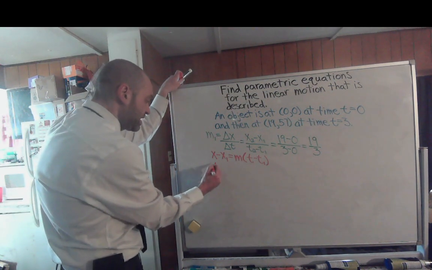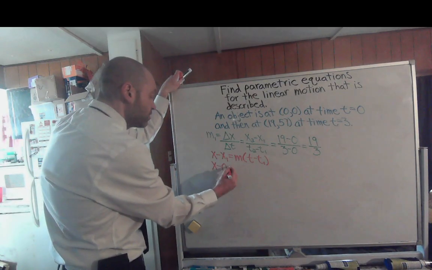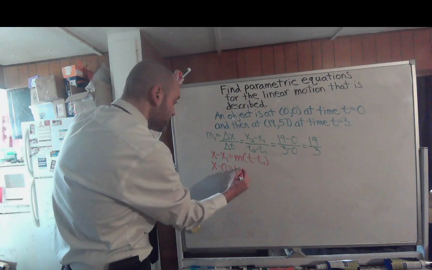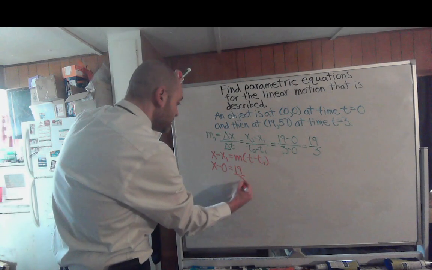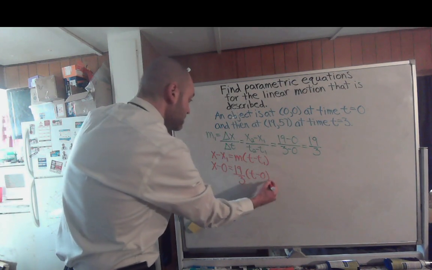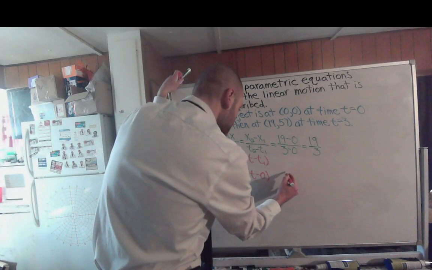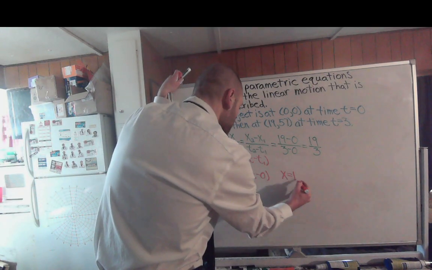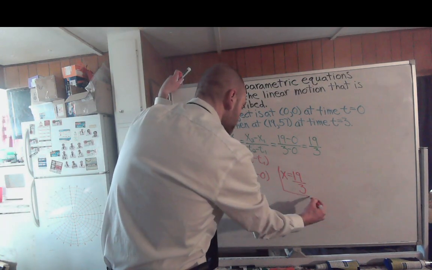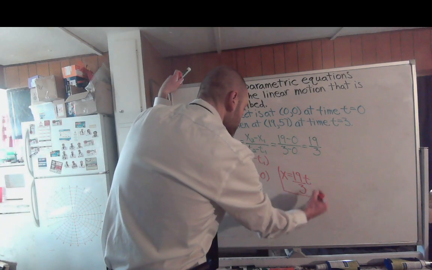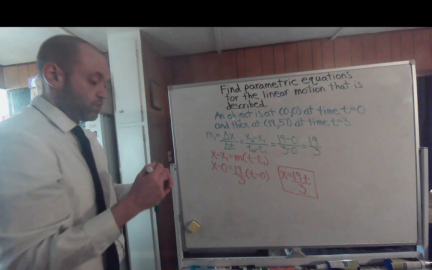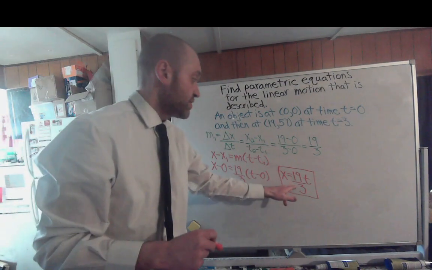This is x minus 0 equals your slope of 19/3 times t minus 0. So you should literally just get that x equals 19/3 t. There's your first parametric equation: x equals 19/3 t.